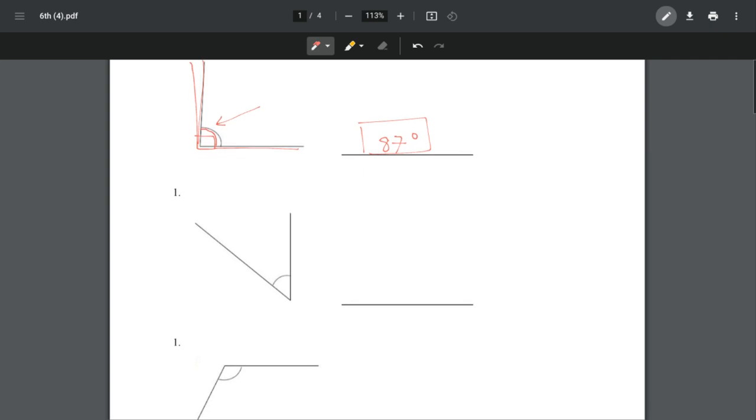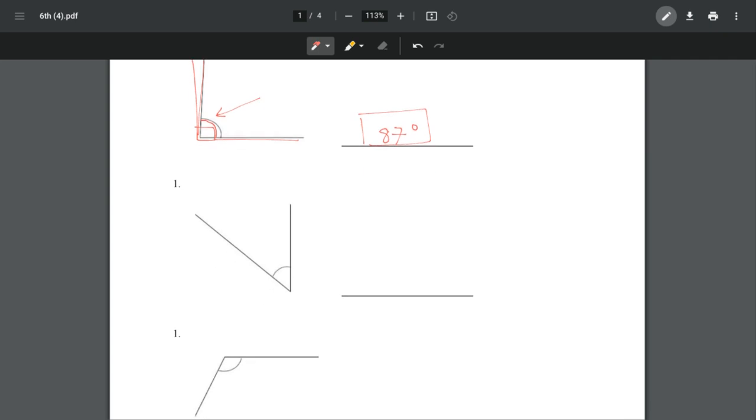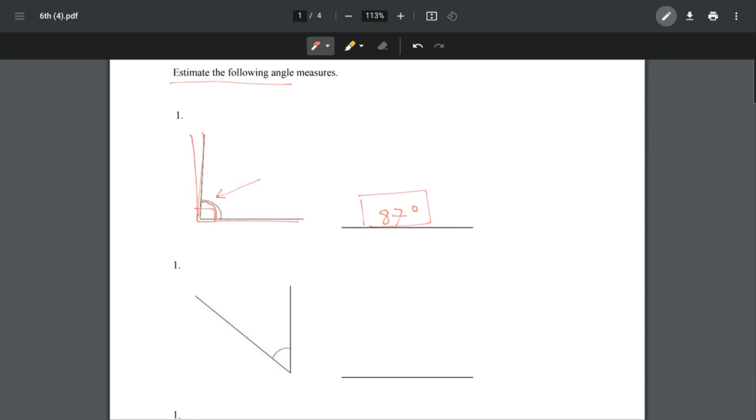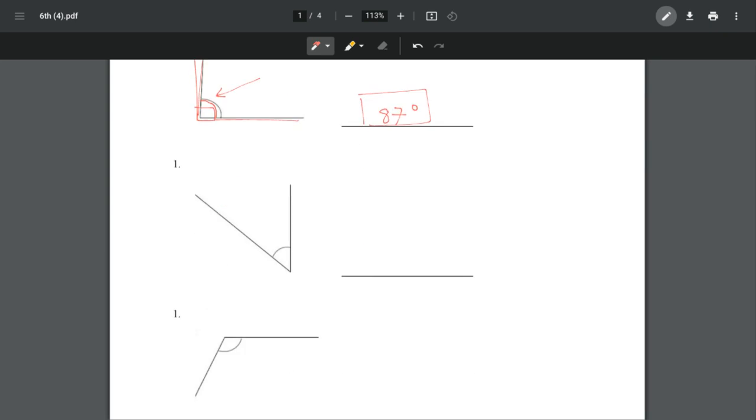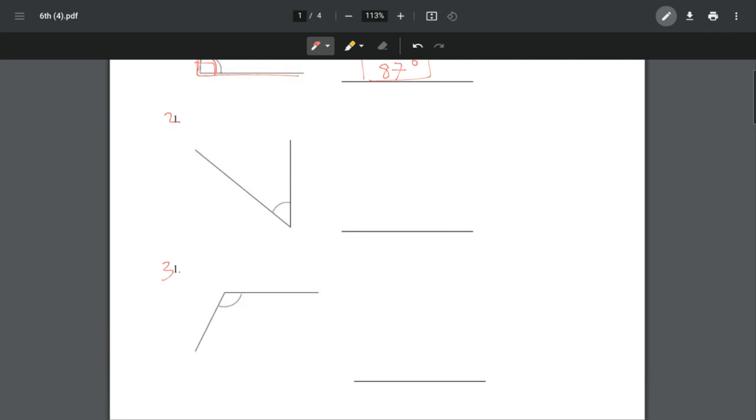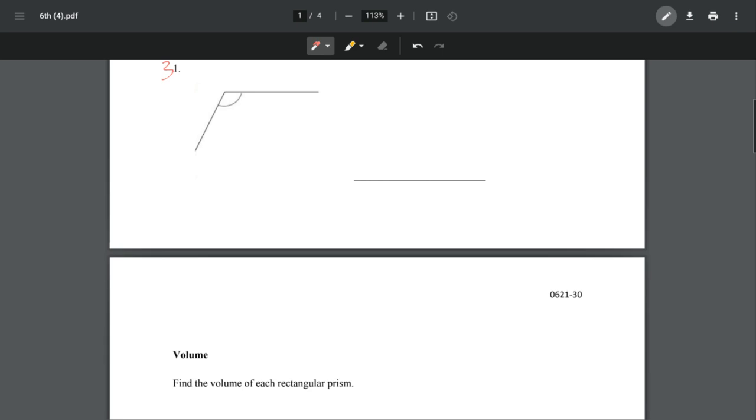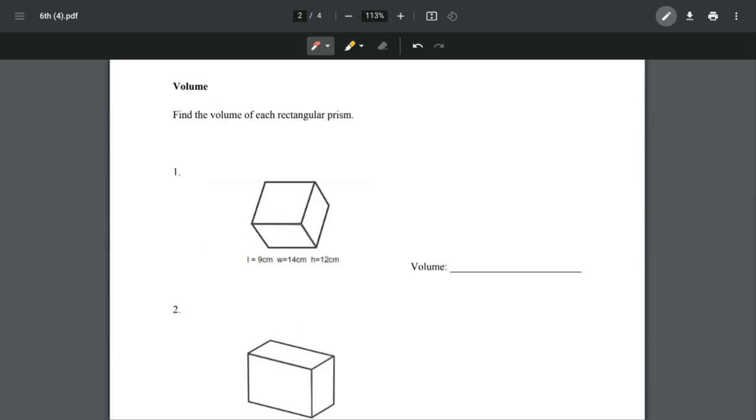Okay? So go ahead and estimate the angle measures for number 2 and 3. And let's move on to our second page.